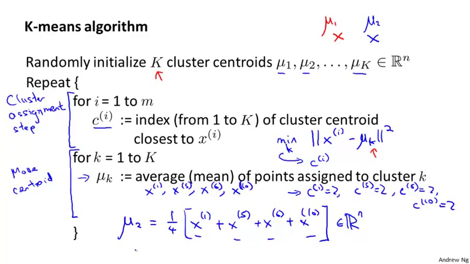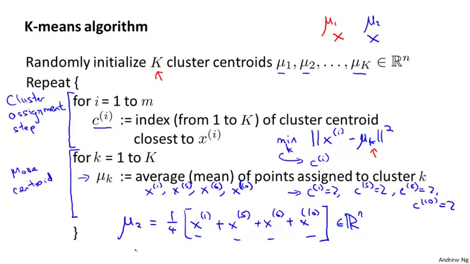One thing that I've sometimes been asked is, well, here we said let mu k be the average of the points assigned to that cluster, but what if there's a cluster centroid with 0 points assigned to it? In that case, the more common thing to do is to just eliminate that cluster centroid, and if you do that, you end up with k-1 clusters instead of k clusters.